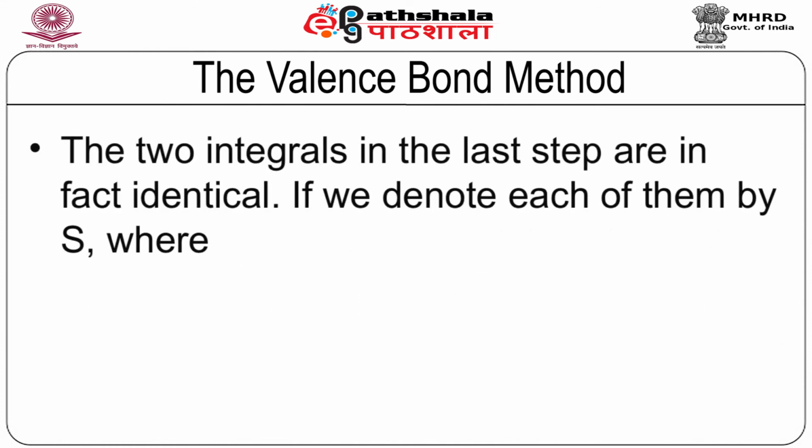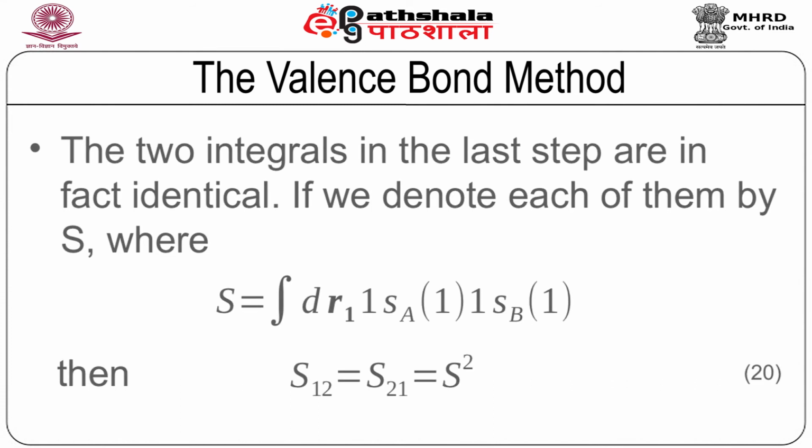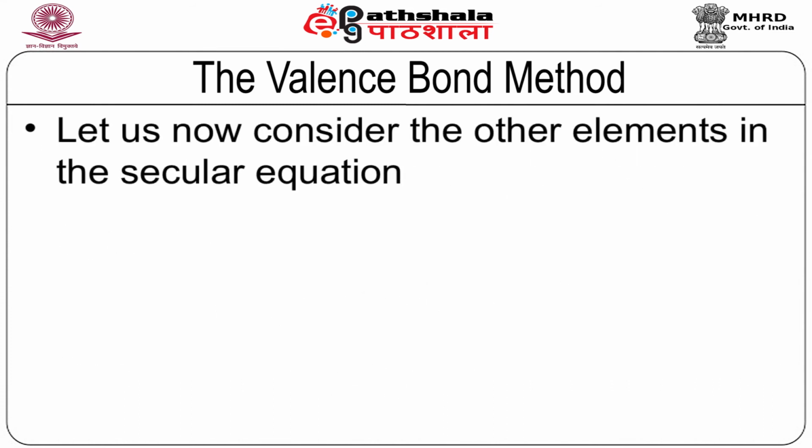The two integrals in the last step are in fact identical. If we denote each of them by s, where s equals integral dr1 1sa1 1sb1, then S12 equals S21 equals s square.